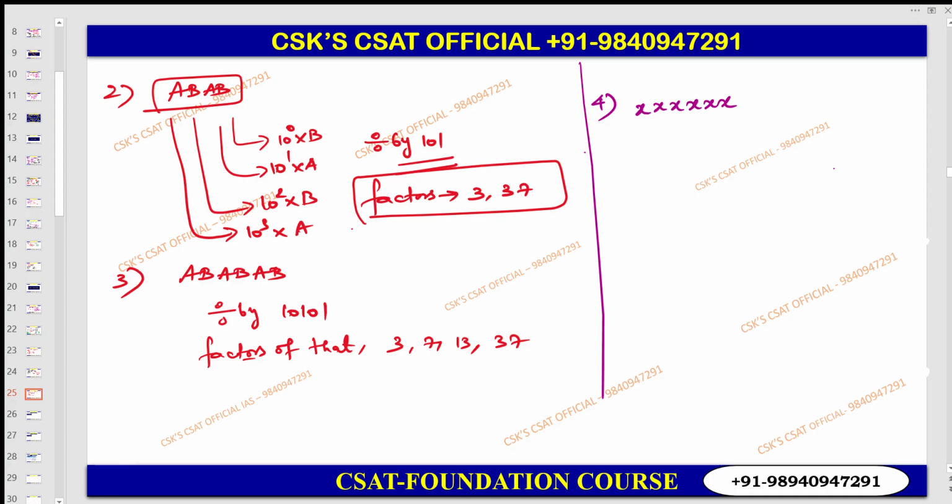That concept I taught you in the foundation very elaborately. So here I'm giving you an overview. So if it is in this format, it is exactly divisible by 3, 7, 11, 13, 37.